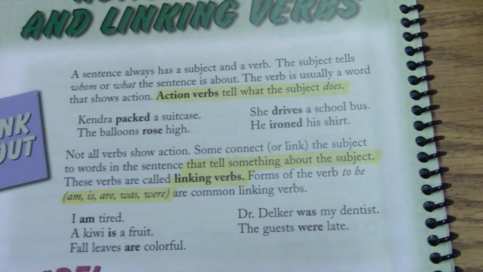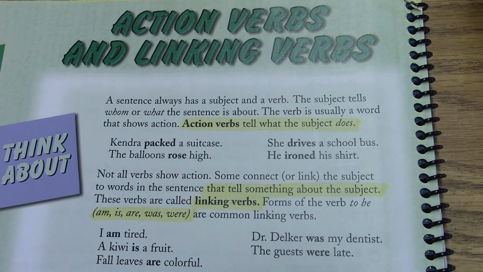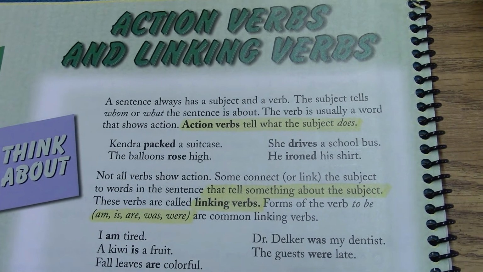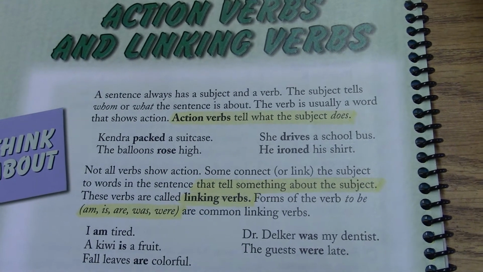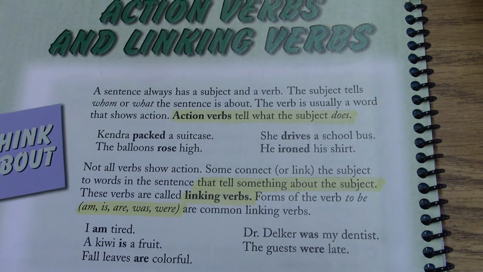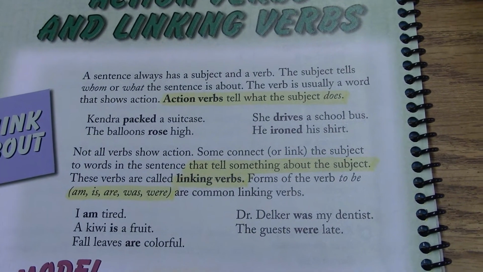So, in your Write book, the first thing it says is that a sentence always has a subject and a verb. So another way that's sometimes said is a naming part and an action part.